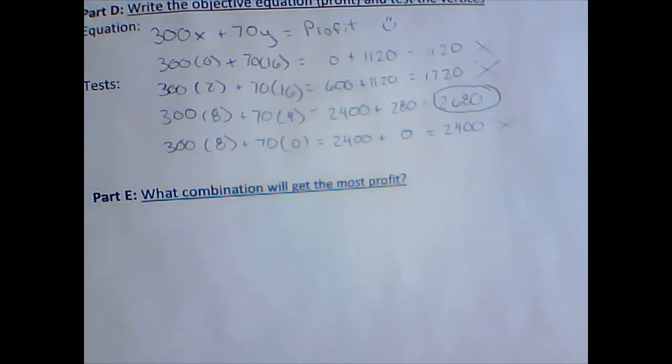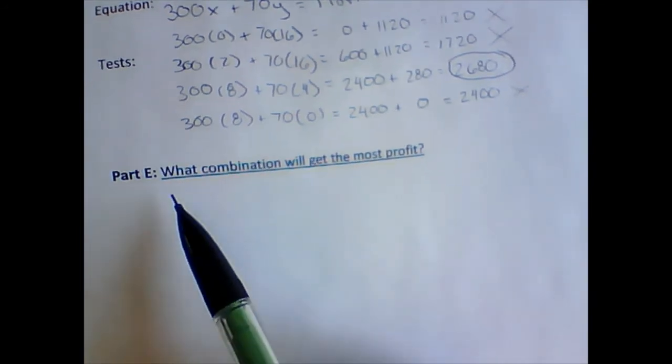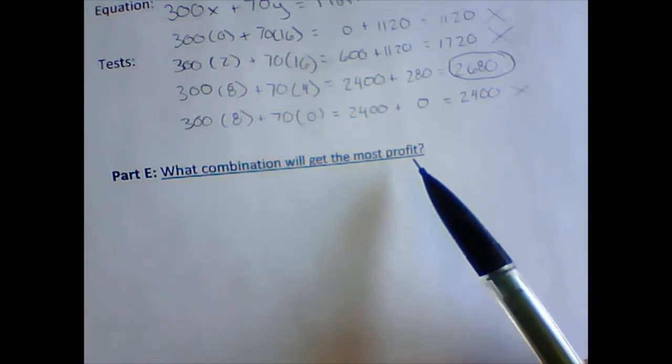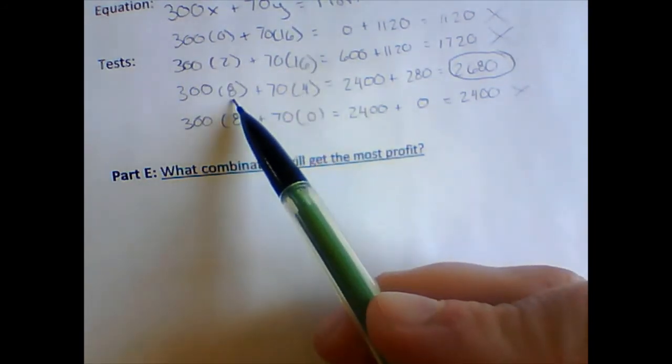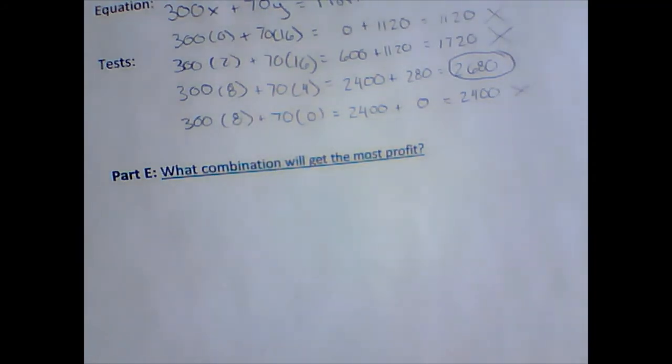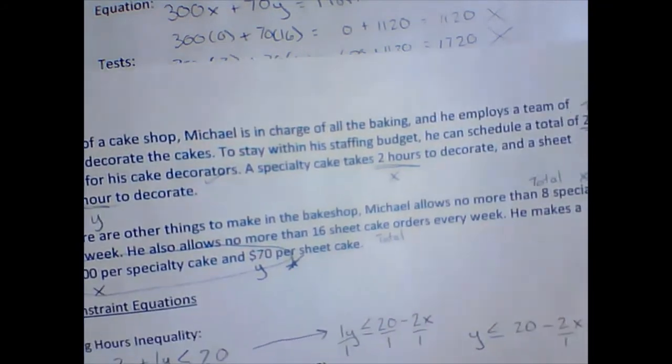So now we're going to remember that, oh hey, the x and the y actually mean something. So we know an 8 and a 4 will get us the most profit, but 8 what? 4 what? We have to remember what those 8 and 4 were, which is why on the other page we were marking off who was x and y.